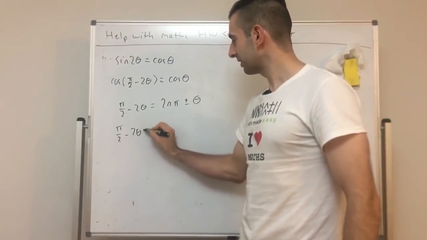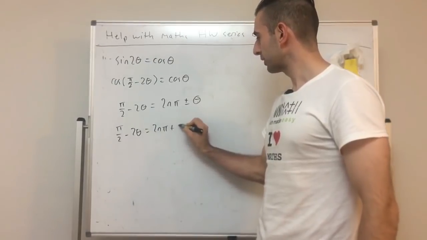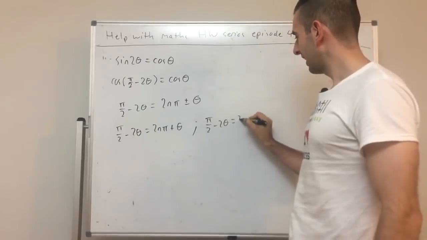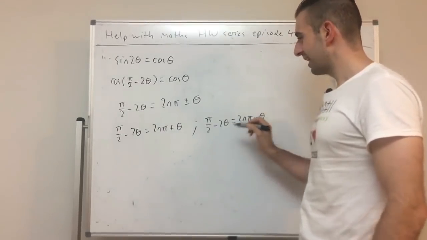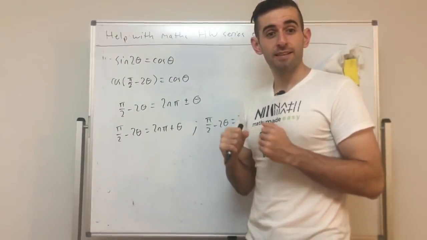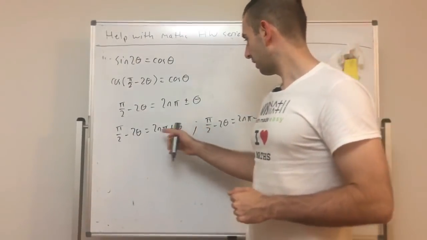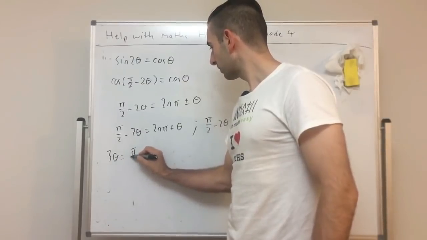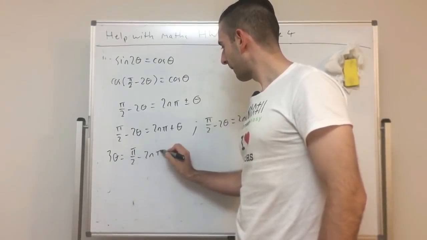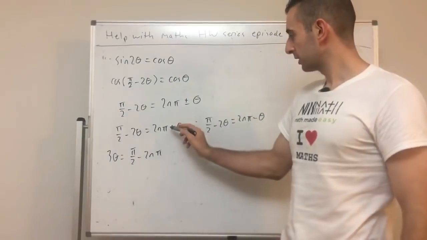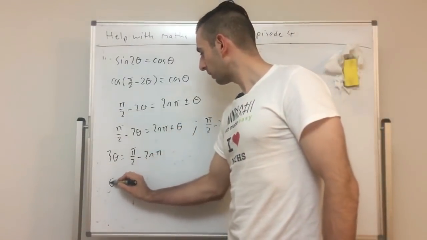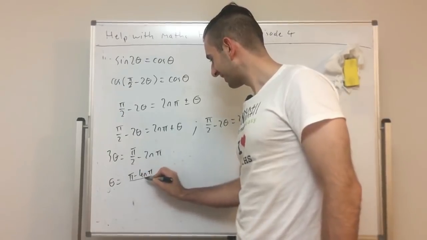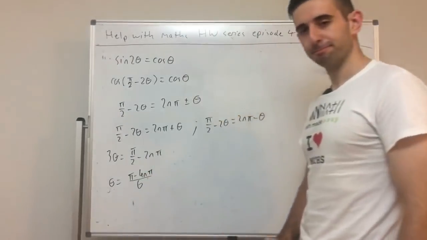So I have to split it into two equations, plus theta and then minus theta. And then I have to rearrange and make theta the subject. So here I would bring it over here. So I get 3 theta equals pi on 2 minus 2n pi, just by swapping these. And then in one go I can write theta equals pi minus 4n pi over 6.